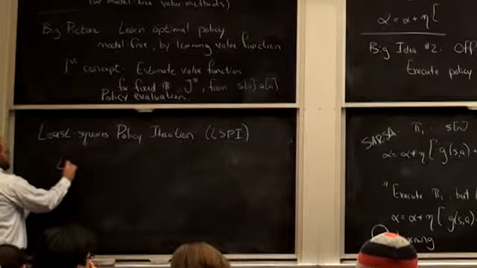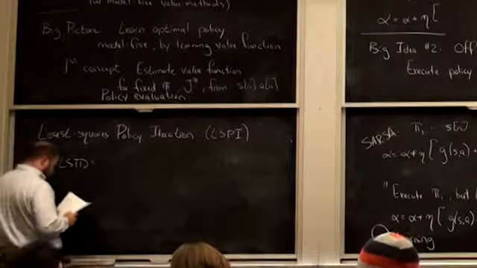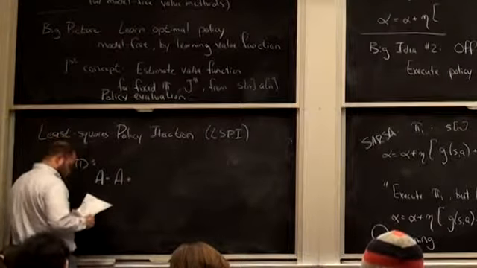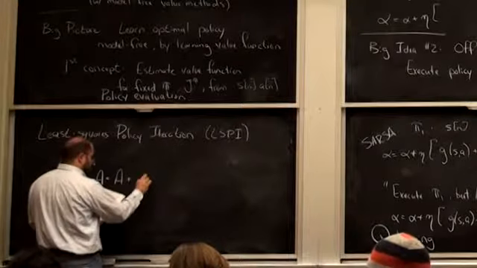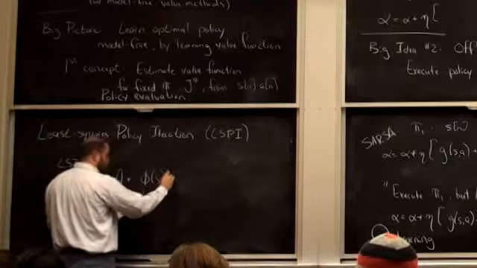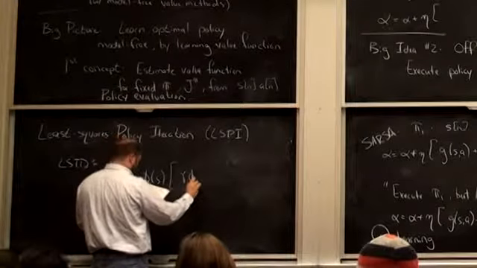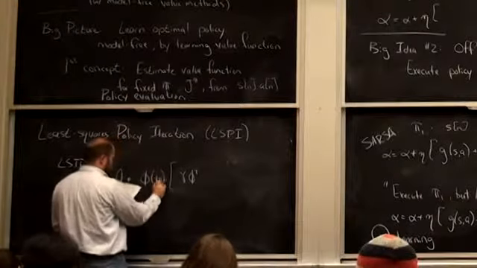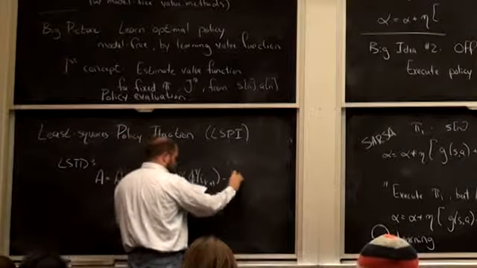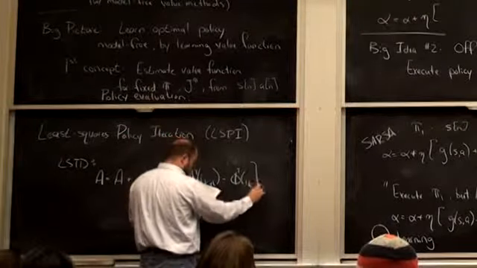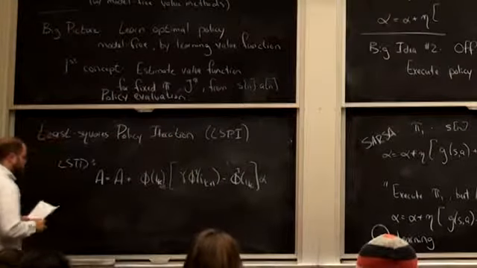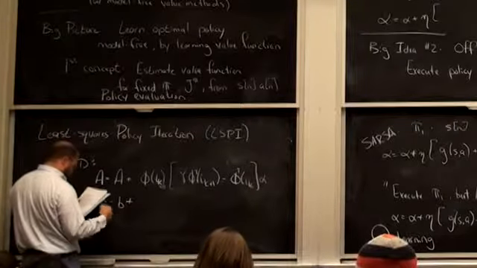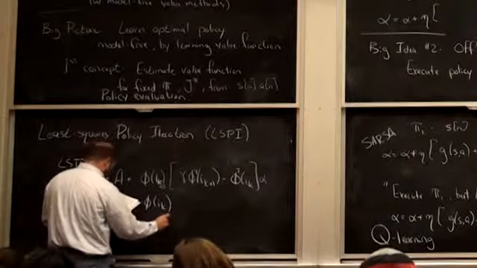And in the LSTD case, the story was we could build up a matrix using something that would look like phi of s_k times gamma phi of s_{k+1} minus phi of s_k, transposed, times my parameter vector, and b as the sum of these terms, which were phi of s_k times our reward.